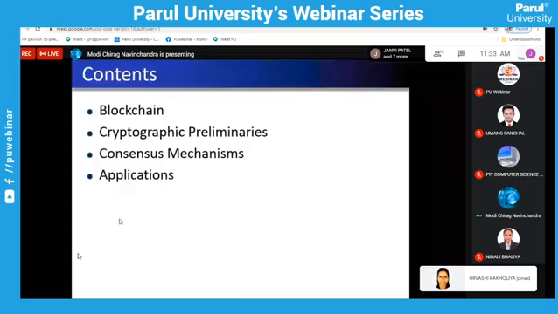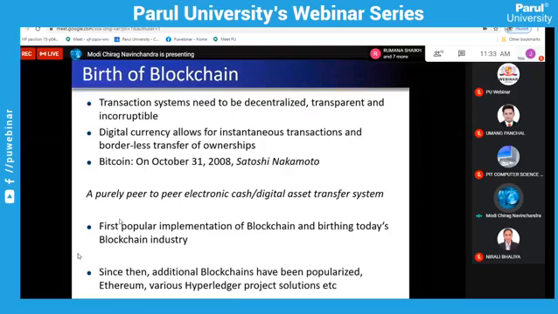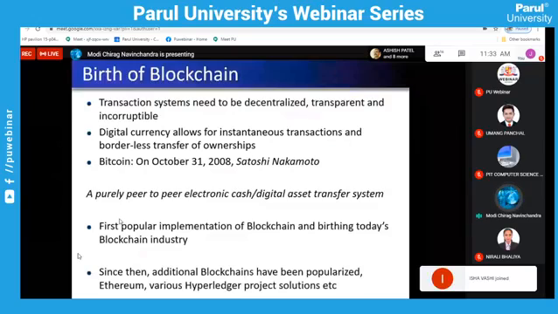So how was blockchain initiated? In the early days we had a centralized system to perform transactions among the entities, but there was no transparency and people were not trusting each other. A centralized system works well where trust is involved among the entities and everyone is trusting some centralized authority. They believe that if I perform a transaction, it will reach my receiver, and that belief is established by the centralized authority.